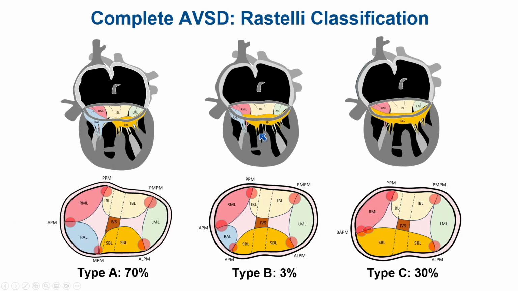Type B is extremely rare. This goes to an accessory papillary muscle, and this is the type C, where you have a free-floating superior bridging leaflet without any attachment to the ventricular septum. The only reason I would be interested in looking at this in more detail is that this is most commonly associated with trisomy 21. So it helps you a little bit with counseling.